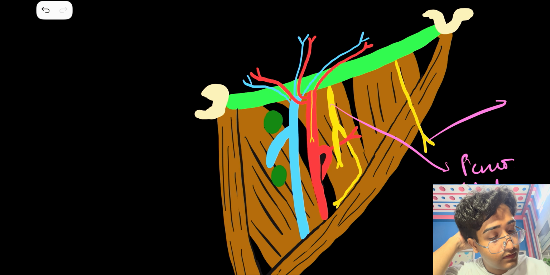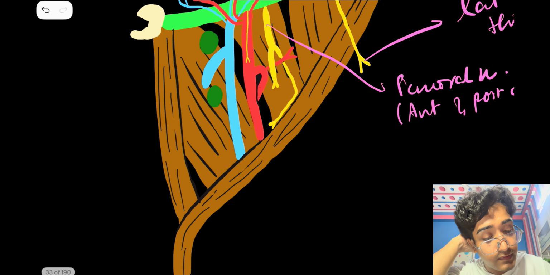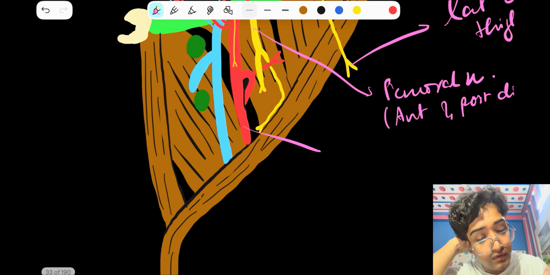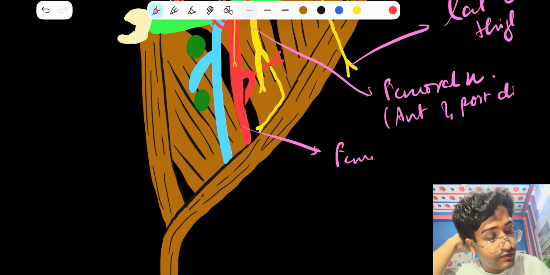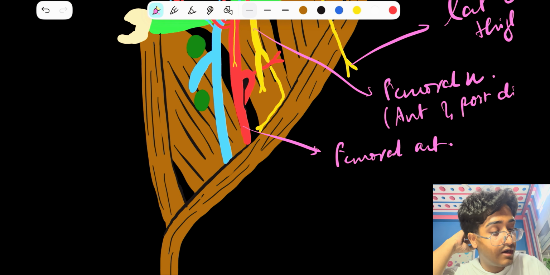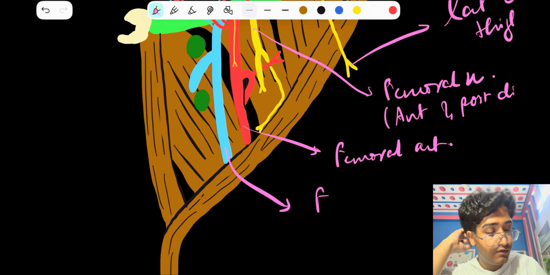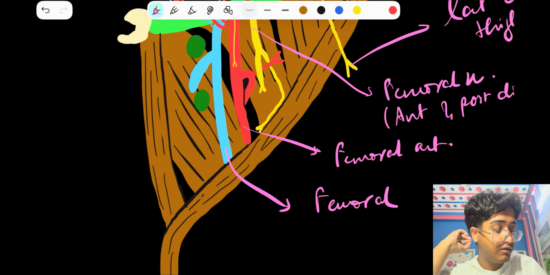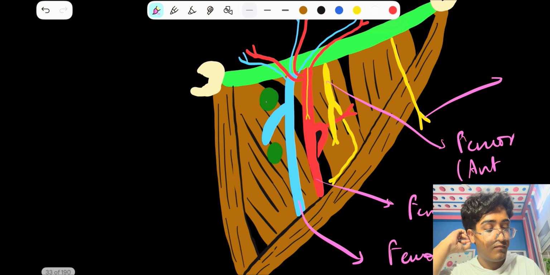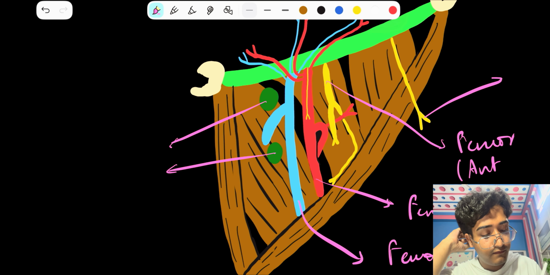Next we have the femoral artery, the femoral vein, and the deep inguinal lymph nodes.